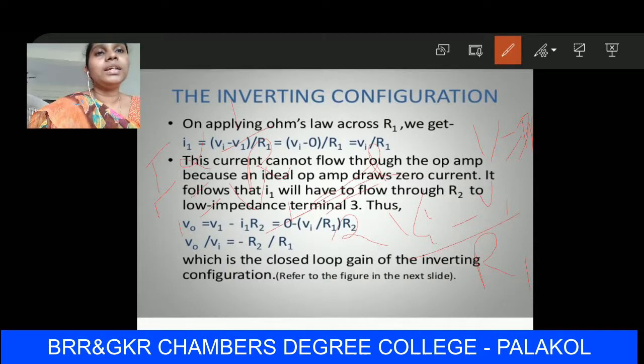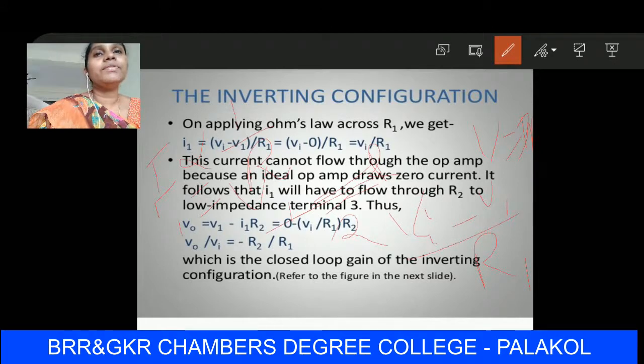So that's why here V1 is equal to 0. Now we substitute V1 equal to 0. Therefore 0 minus Vi divided by R1 into R2. Then solving this equation, V0 by Vi is equal to minus R2 by R1, which is the closed loop gain of the inverting configuration.